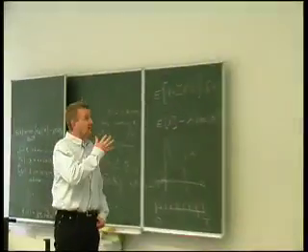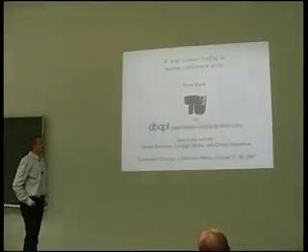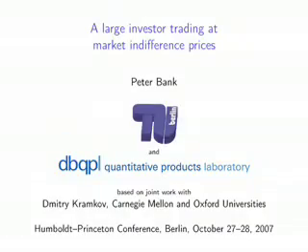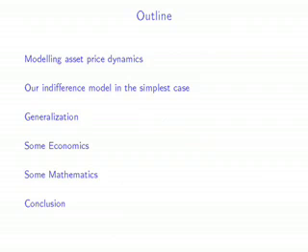Okay. So what I'm talking about today is joint work which I'm doing with Dmitry Kramkov, and what we are concerned with is to develop a model which would allow us to understand a little bit better how one should behave optimally in an environment where trading will influence market prices. Specifically, I'm going to talk a little bit about modeling asset price dynamics.